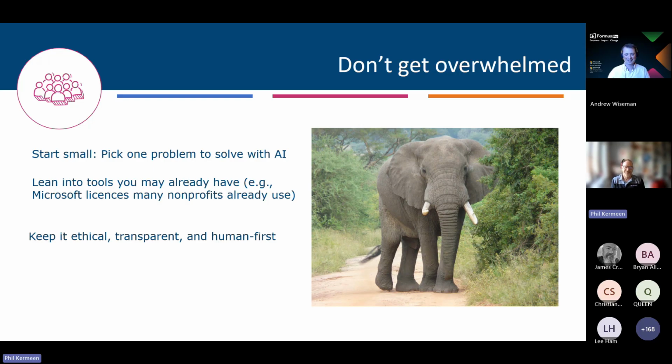Last but not least, keep it ethical and keep it human first. You've got people in your organization, they're very powerful, they've got a lot of knowledge, and as you start into an AI journey, make sure that they're in the forefront of your mind. I think it's really important that your AI is going to work with people.